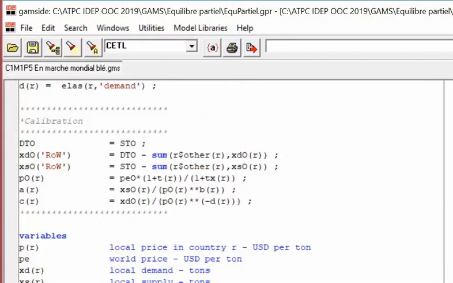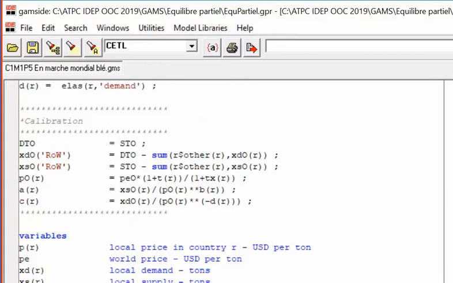I give values to A and C by the last 2 equations. I also give a value to the initial local price, P0 in R. I will also give values to initial consumption and supply in the rest of the world region.